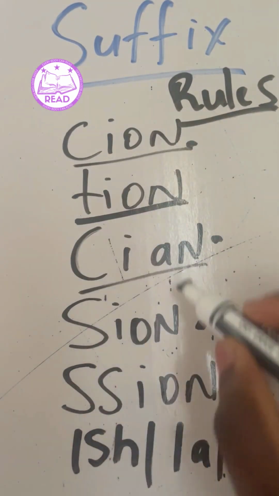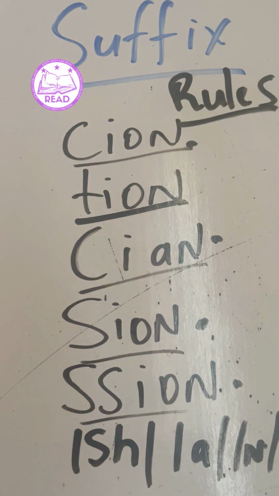Shan, shan, shan. So, that's the suffix for you. And with the root word, if you add suffixes to the root word or the base word, it also changes and alters the meaning as well. So pay attention to shan: technician, electrician. Pay attention to the rule.